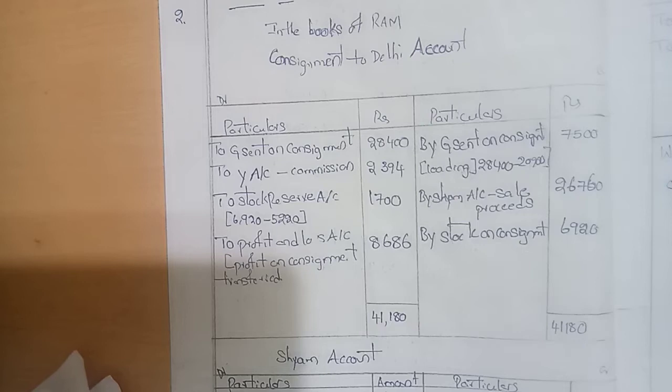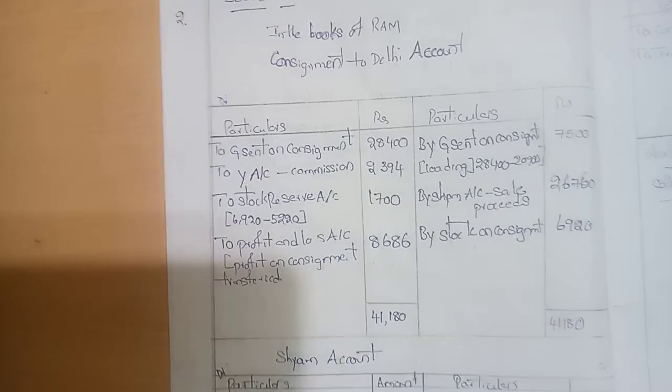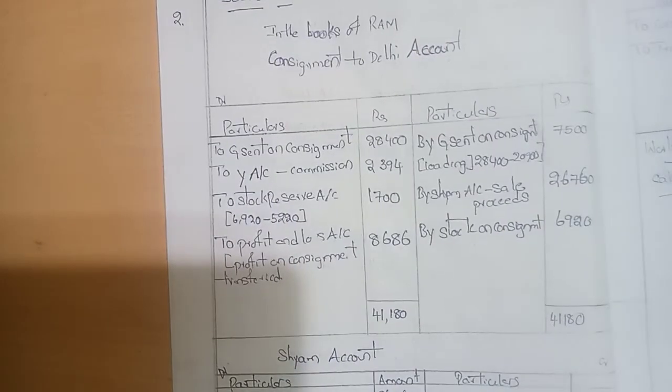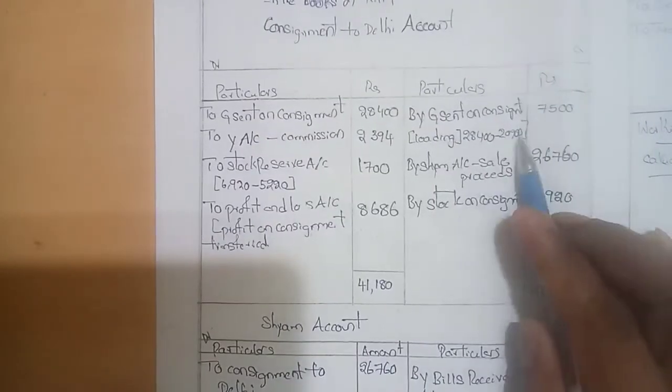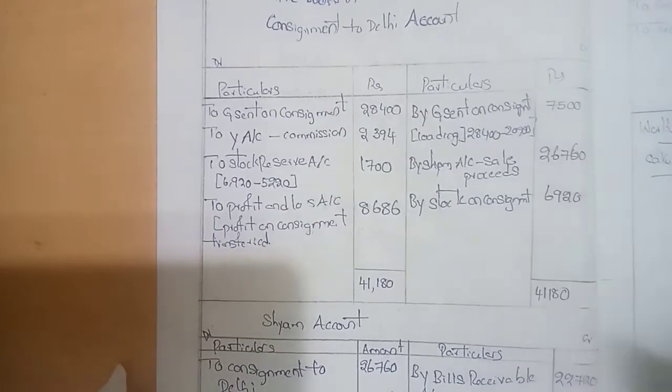Ram draws on Sham at 90 days' sight for 80% of the invoice price as security money. Sham remits the balance proceeds after deducting commission. So first, goods sent on consignment, that is loading: 2,400 minus 2,900, that is 70,400.